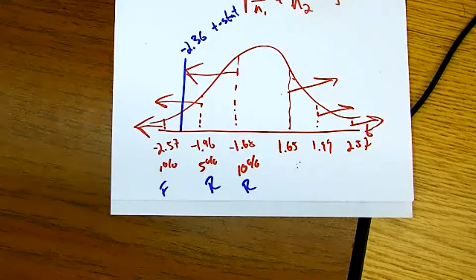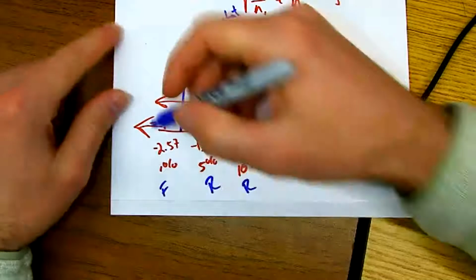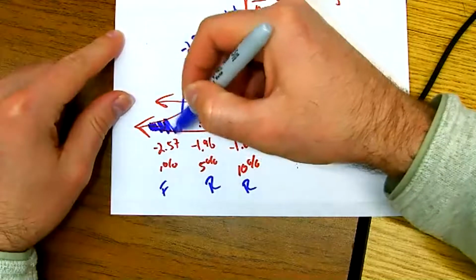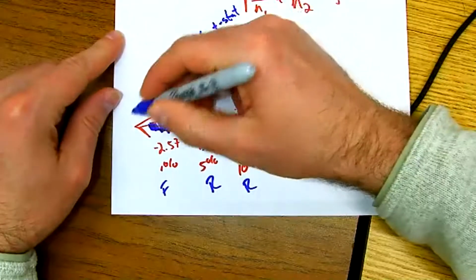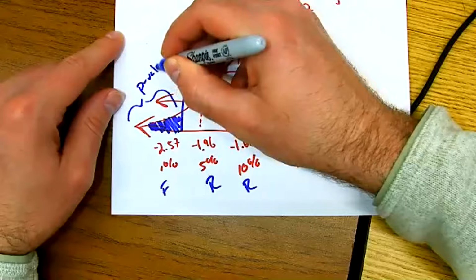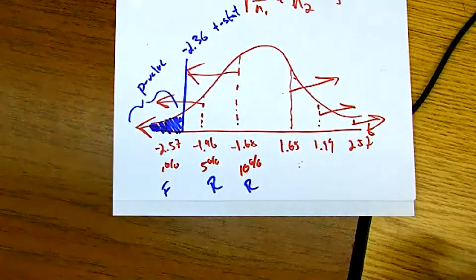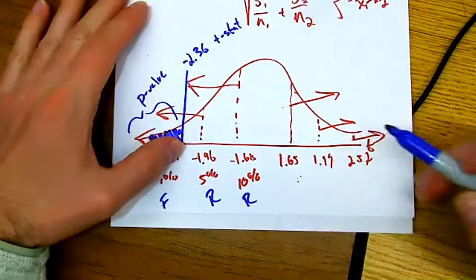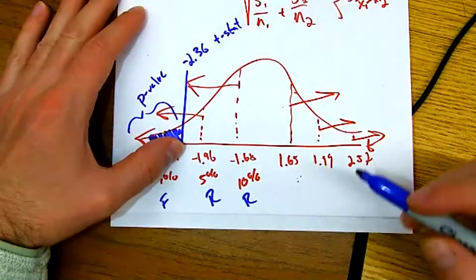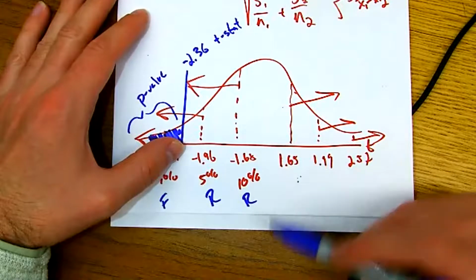All right, so what if I want my p-value? Well, my p-value is the probability I saw the test statistic I did or anything more extreme that goes against the null hypothesis. The issue is seeing something 2.36 standard deviations below that assumed true difference of 0.